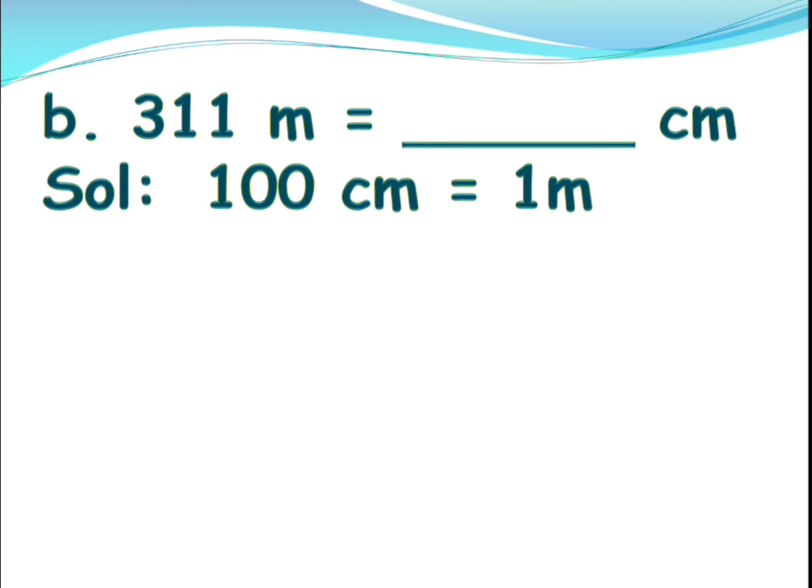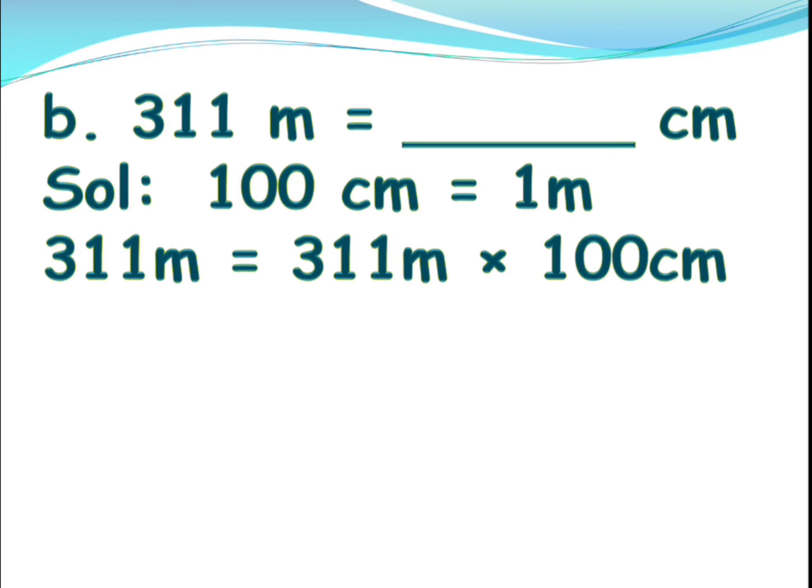So what we have to do is, here we need to multiply, that is 311 into 100 centimeters. So we have learned that when you are multiplying with 10, 20, 30, you can simply add the zeros at the end after multiplying. Here we are multiplying with 100.